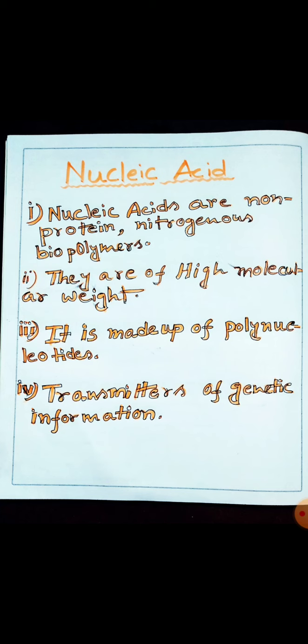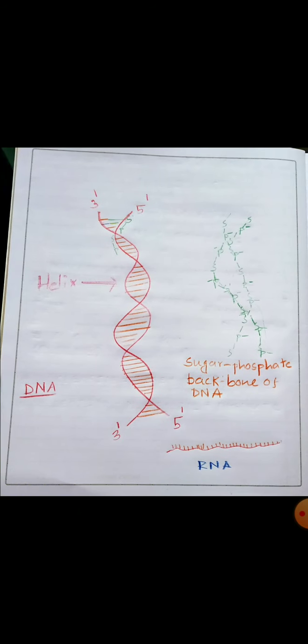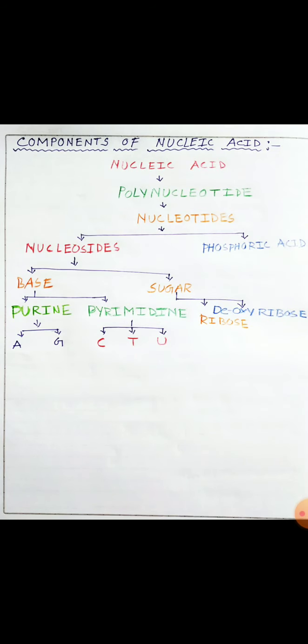Nucleotides are further divided into nucleosides, and nucleosides are made up of base and sugar. The bases, by chemical nature, are further divided into two types, the purines and the pyrimidines.